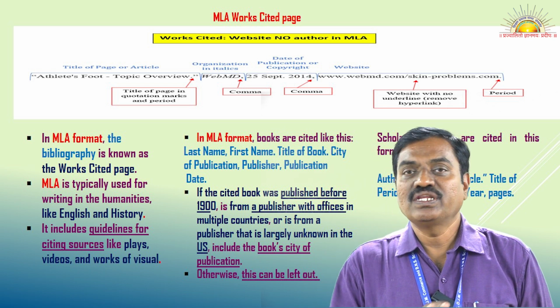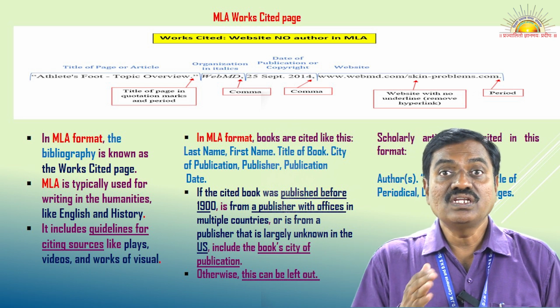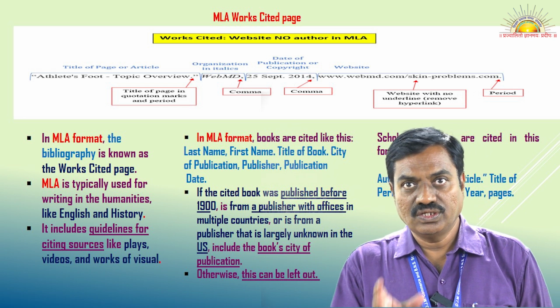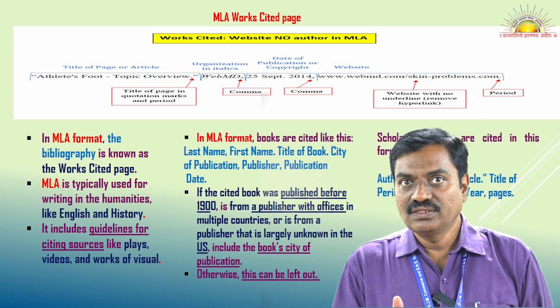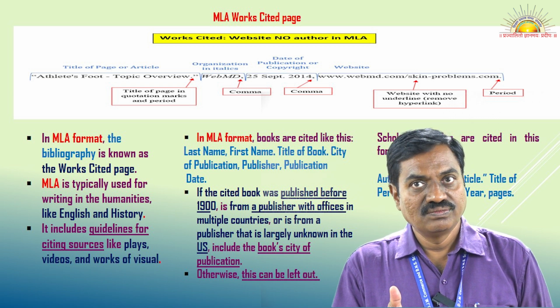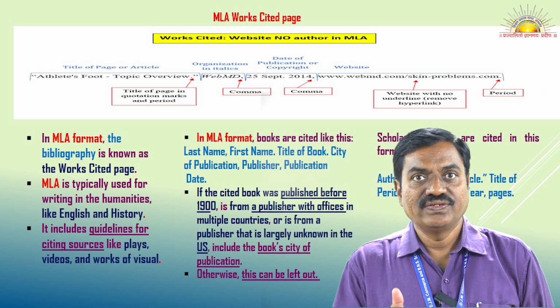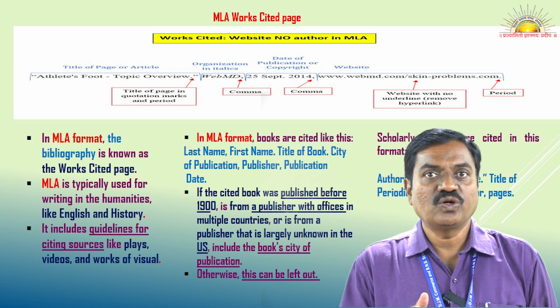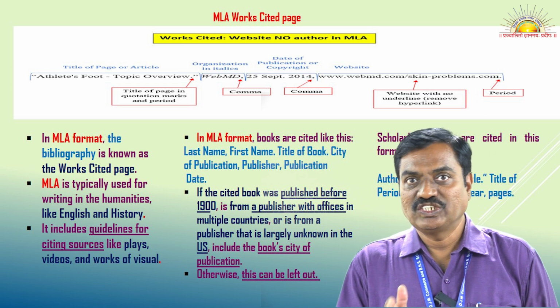Otherwise, this can be left out. Scholarly articles are cited in the following format: author or authors, title of article, title of the journal, day, month, year, pages, etc. Now, we will talk about the APA reference page.